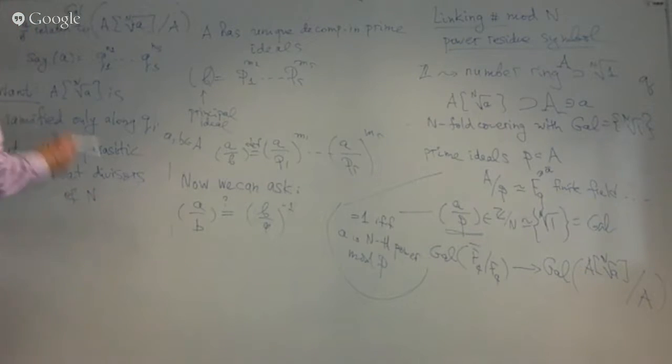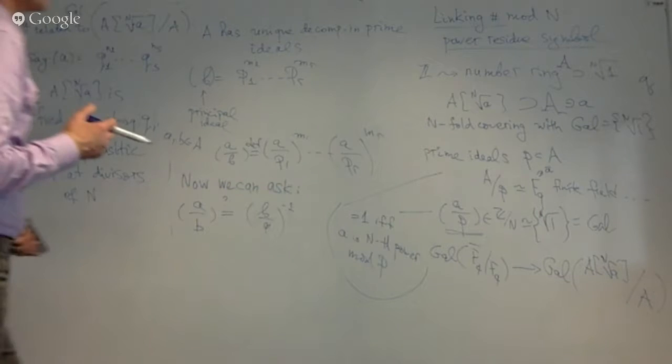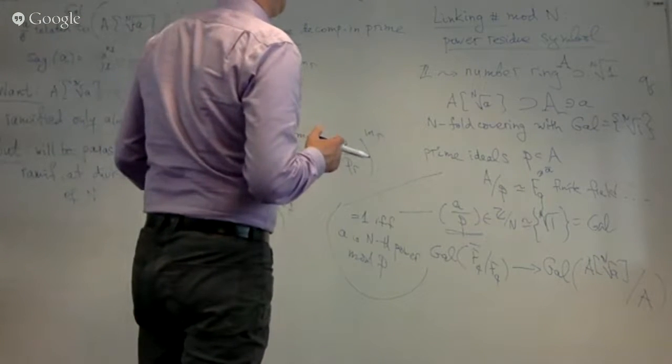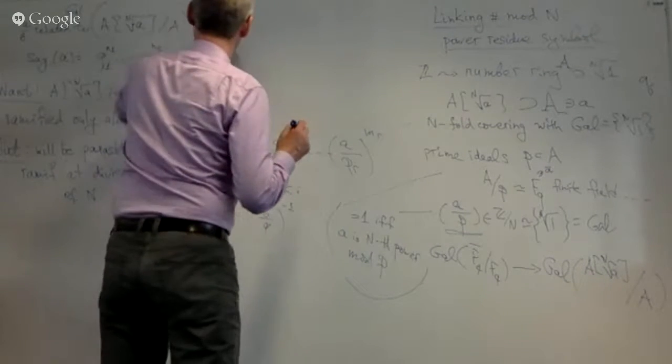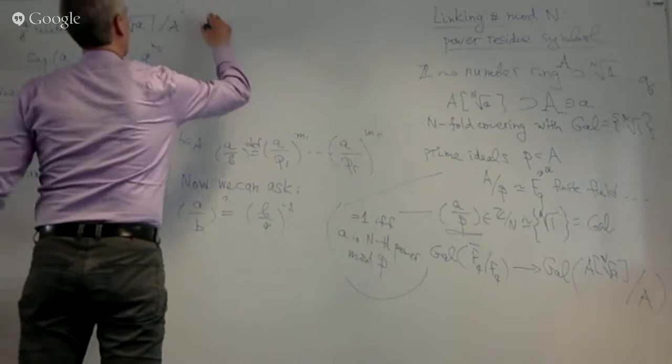So the correct reciprocity law, in general, is called the congruent reciprocity law.